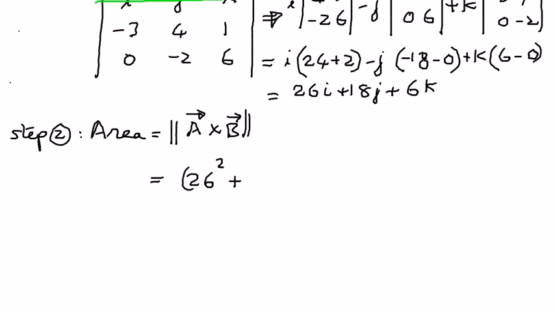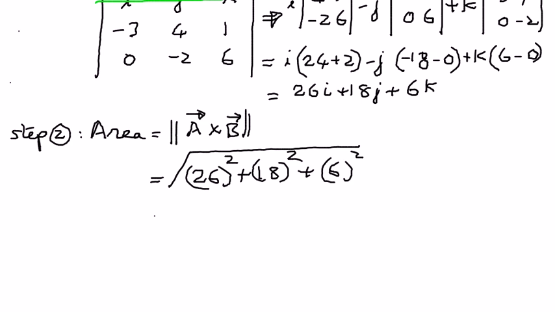Let me write this a little bit more clearly. So 26 raised to the power of 2 plus 18 raised to the power of 2 plus 6 raised to the power of 2, and then all of that under the radical sign.